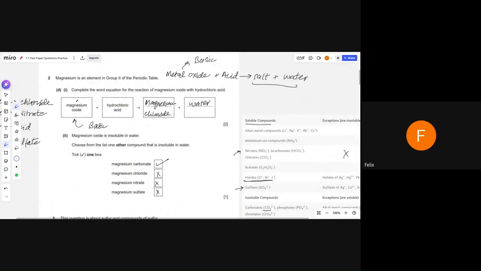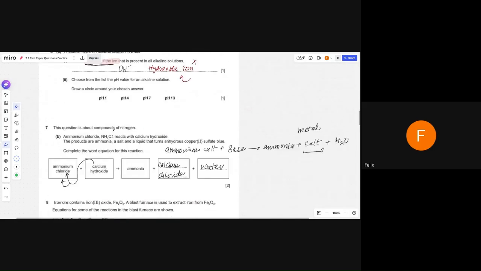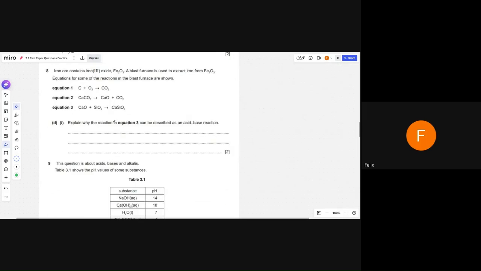You see, this is a metal oxide, magnesium oxide. All metal oxides are basic in nature, and all non-metal oxides are acidic in nature. So that's basically a base, being a metal oxide, and that's a non-metal oxide. Silicon is a non-metal, a metalloid. So this is an acid, and it's a neutralization reaction.